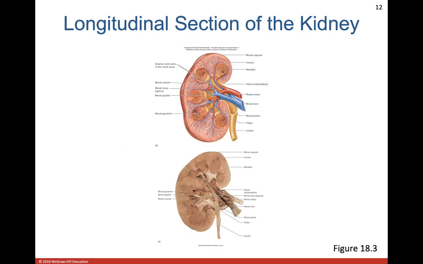Each renal pyramid is connected to a calyx, and all these calyxes will join to form the renal pelvis, which again is a big collection funneling system of urine that will eventually bring urine out of the kidney through the ureter.